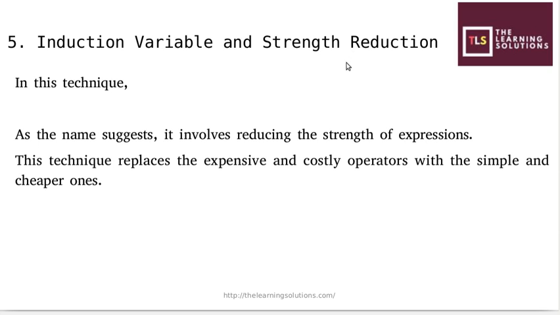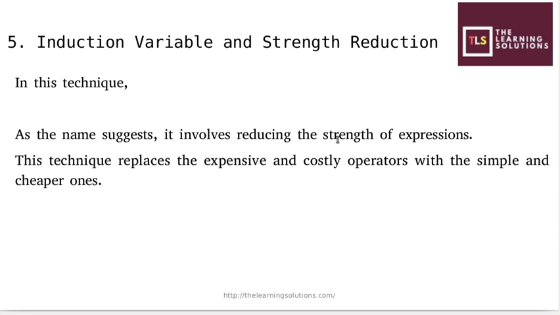That means the high strength operators are removed and low strength operators are introduced, and we are keeping the result of the expression the same. Simply a replacement of operator is there. That means strength is lowered to some extent, because the high strength operators need a lot of complicated procedure to compute the result, whereas with the low strength operator, the result can be computed in a very simple way in a short time.